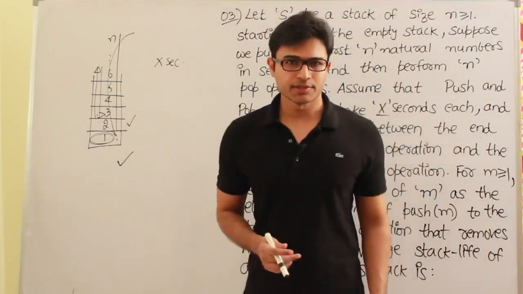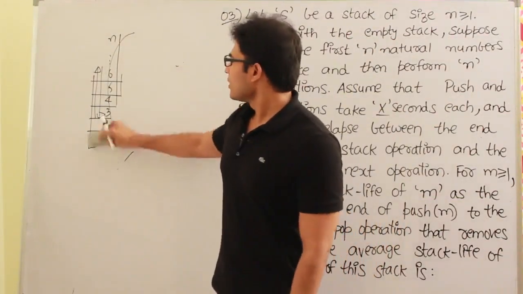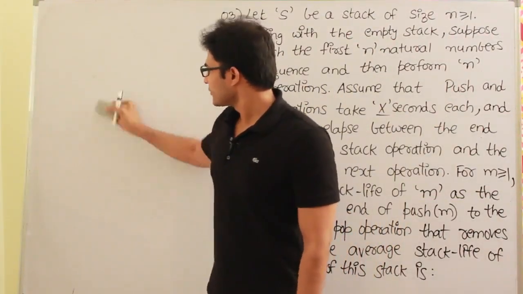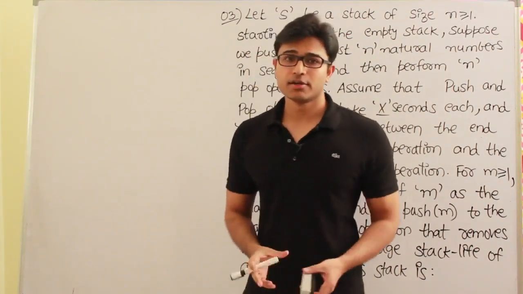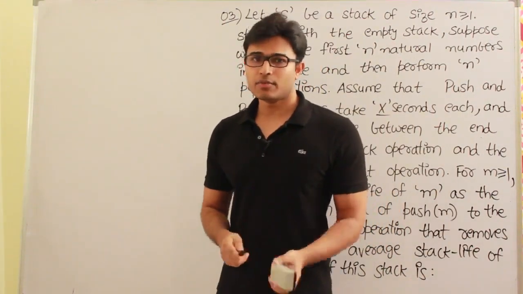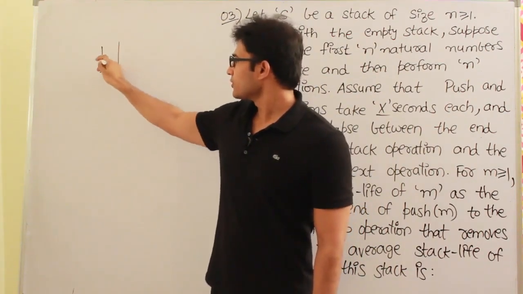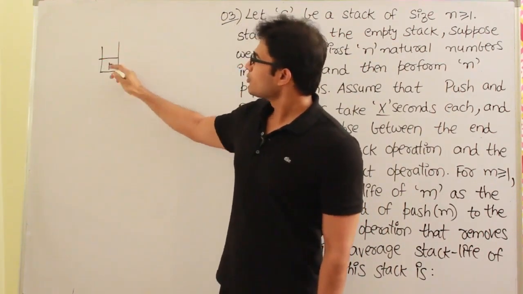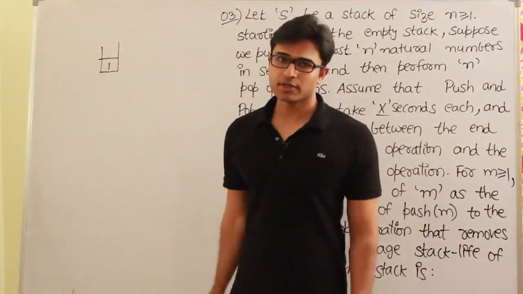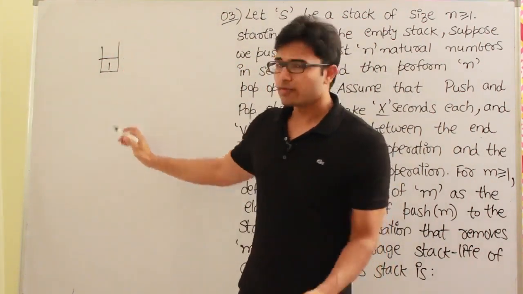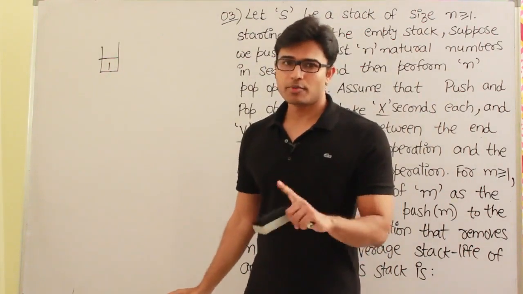Let's take small numbers. Let us say I want to push only one element, and let me see what is the lifetime of that element. If I push 1, then after pushing 1 and before deleting 1, how much time? If there is only one element, I'll push and I'll pop immediately.